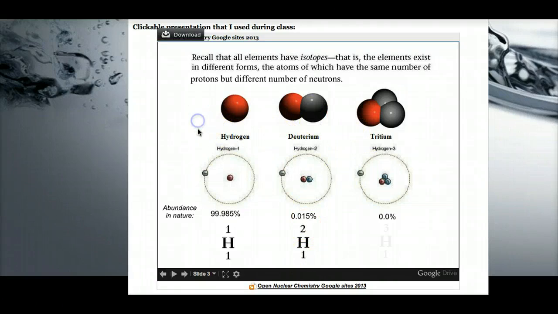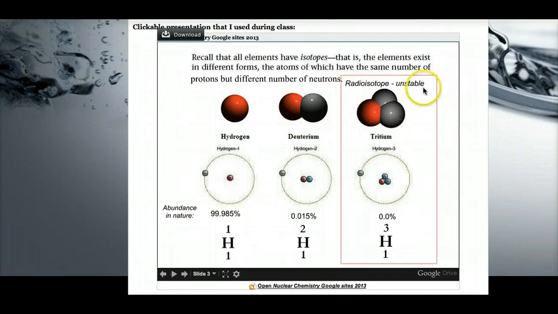And then we have tritium, made famous for the Spider-Man movies, but this tritium is hydrogen 3. Why do they call it 3? The mass of 3. So these are isotopes of hydrogen. Now, unfortunately, one of these is radioactive, and that one is called a radioisotope. You're going to see a table called Table N, selected radioisotopes.